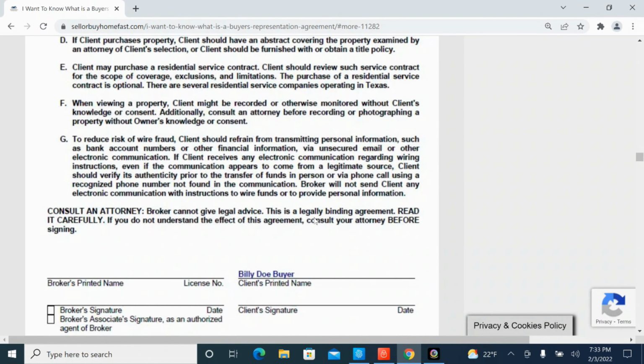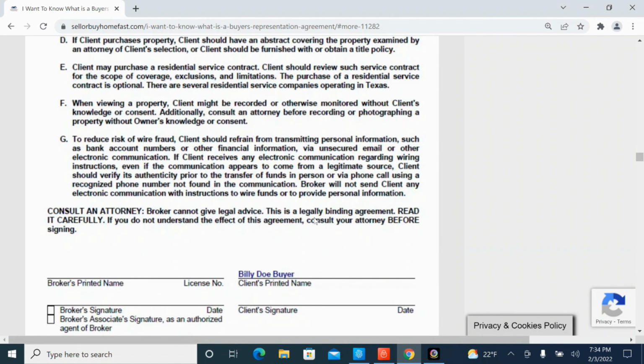Okay. It also talks about, to reduce risk of wire fraud, clients should refrain from transmitting personal information such as bank account numbers or any financial information via unsecured email or other electronic communication. If client receives an electronic communication regarding wire instructions, even if the communication appears to come from a legitimate source, what they're saying is you should verify.